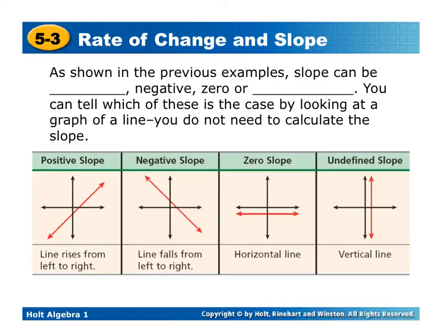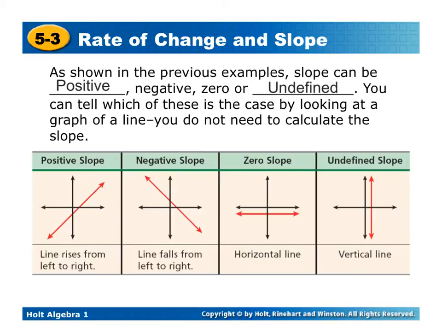So as shown in the previous examples, slope can be positive, negative, 0, or undefined. You can tell which it is by looking at the graph of a line, and we actually don't even need to calculate the slope. We can tell if it's positive, negative, 0, or undefined just by looking at it.